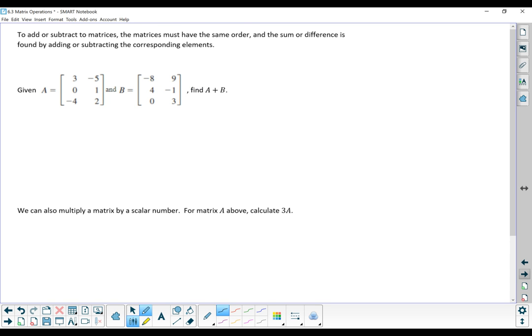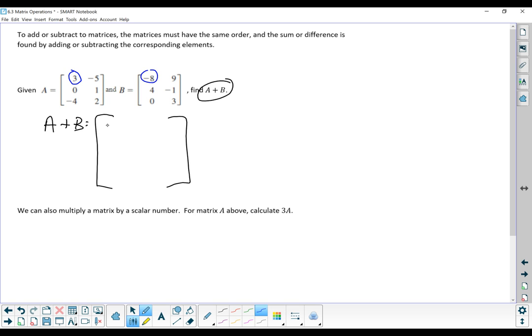To add or subtract two matrices, the matrices have to have the same order, or in other words, they have to have the same size. Then you find that sum or difference by adding or subtracting the corresponding elements. So if I want to find A plus B, I just take each of the corresponding elements and add them together.